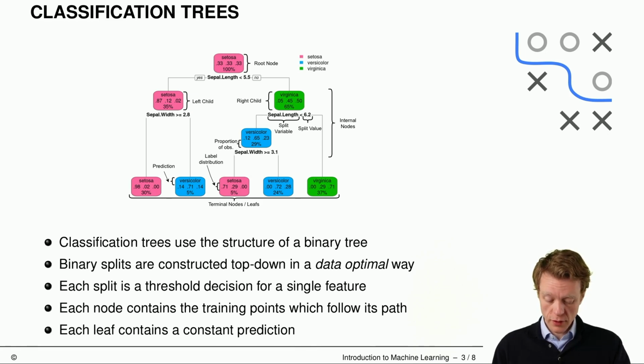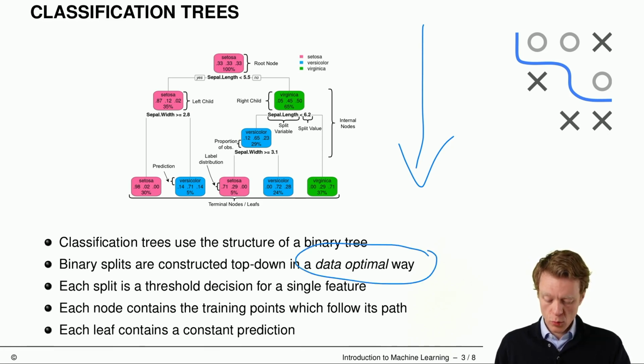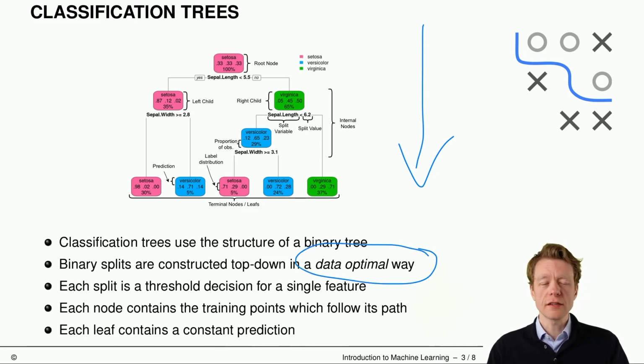So it's also constructed top-down with binary splits in a data-optimal way. What this data-optimal way means will be explained in a later chunk. For now, we just accept that we already have those data-optimal splits, and we can think about how this tree works after the learning process.